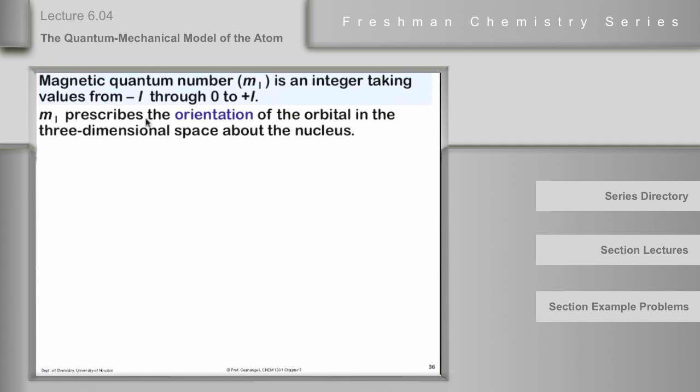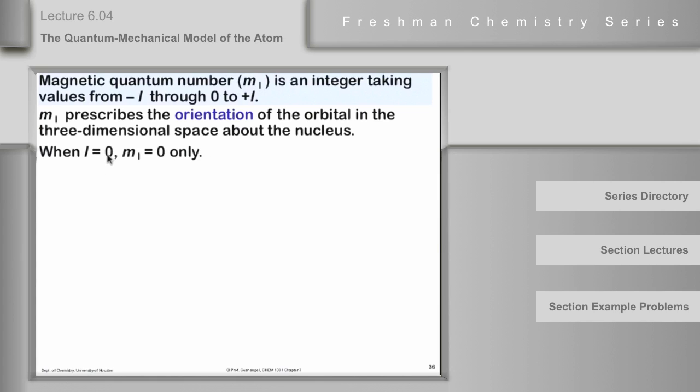That is specified by the value of m sub l that they have. And this is done through the wave function, which describes that particular structure within the atom, which is an orbital.